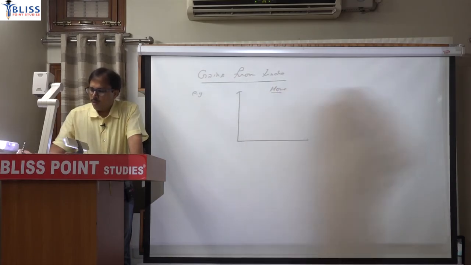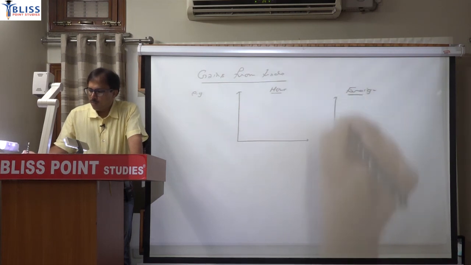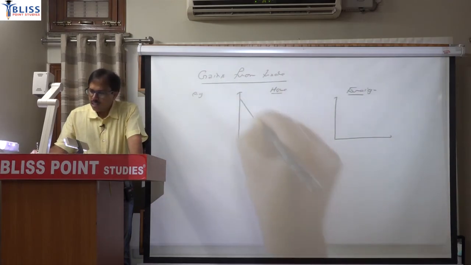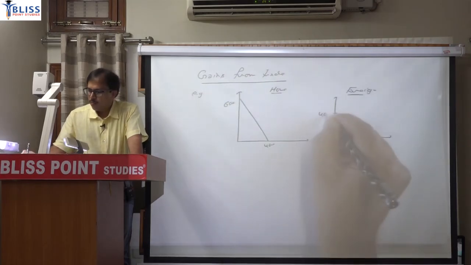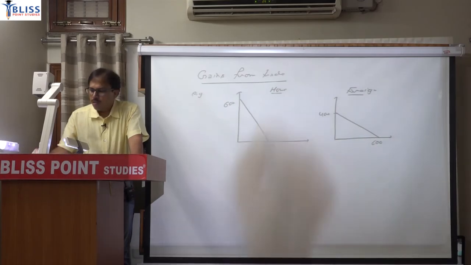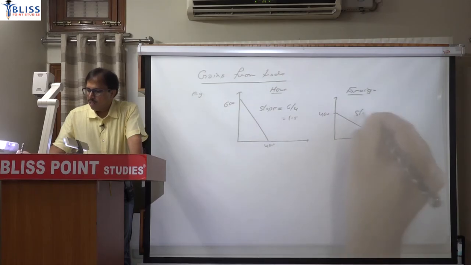Suppose I draw for home and for foreign their production possibility frontier. So if it is a 600 by 400, मतलब 4 यहाँ और 6 की वैल्यू यहाँ लिखी है, and here it is a 400 and 600. So now you will find that here slope is 6/4 and here slope is 4/6.